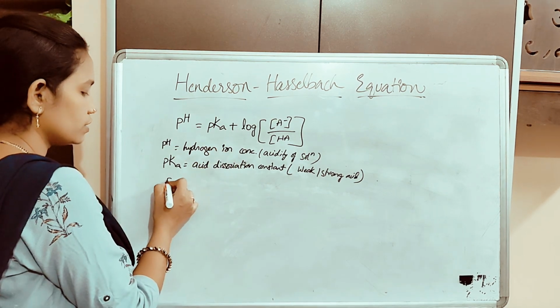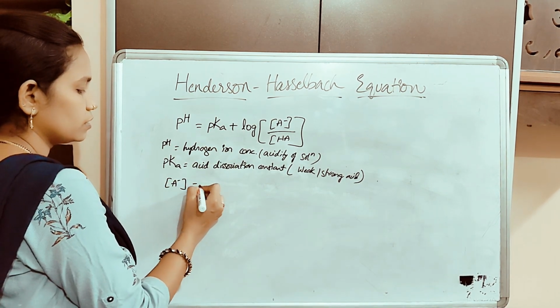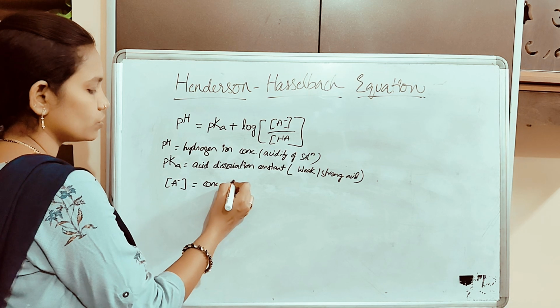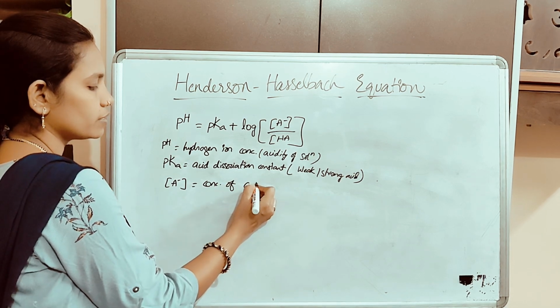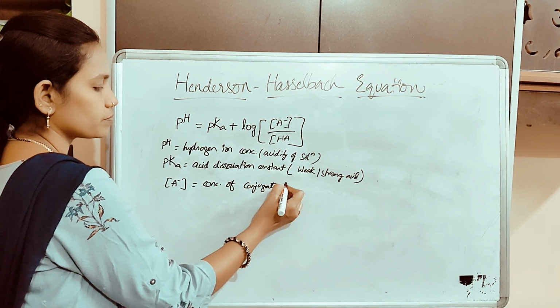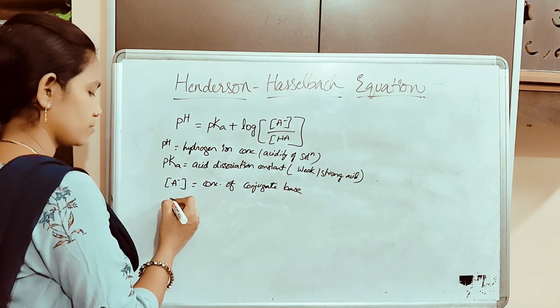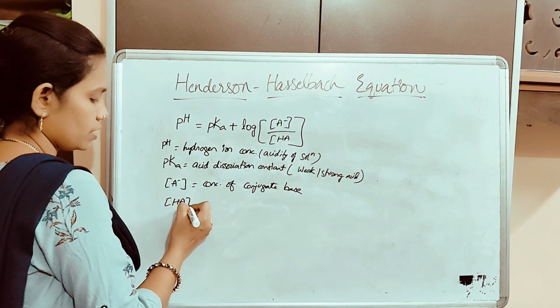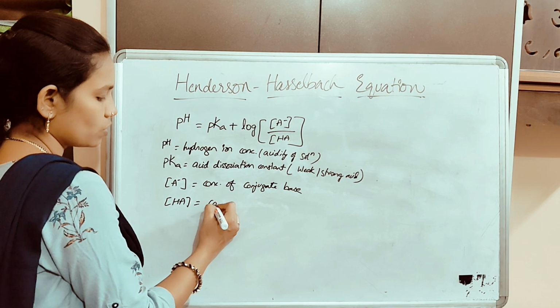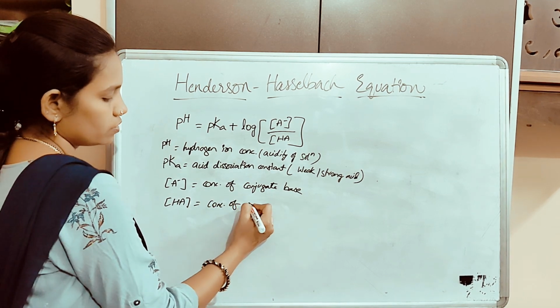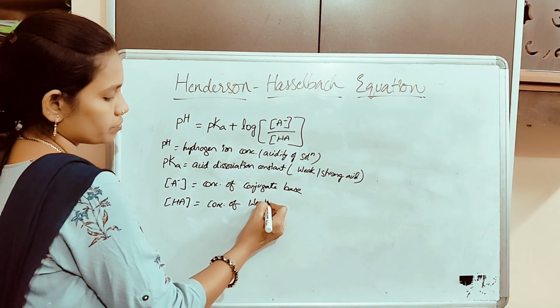Now, what is this? It is the concentration of conjugate base. And finally it is concentration of weak acid.